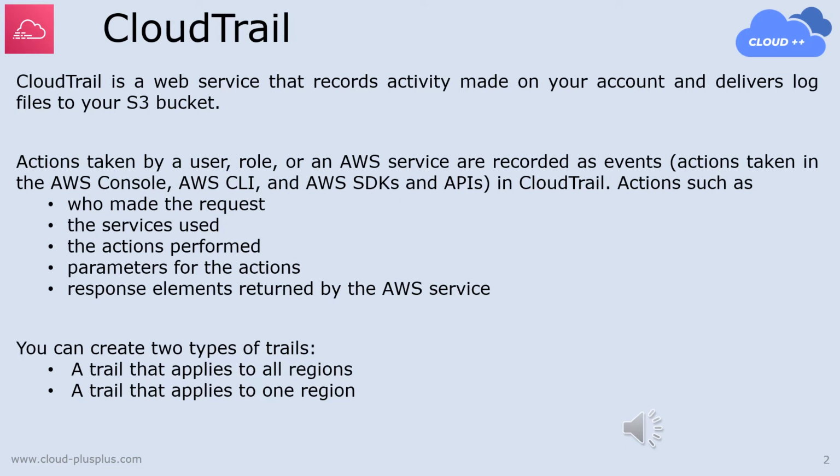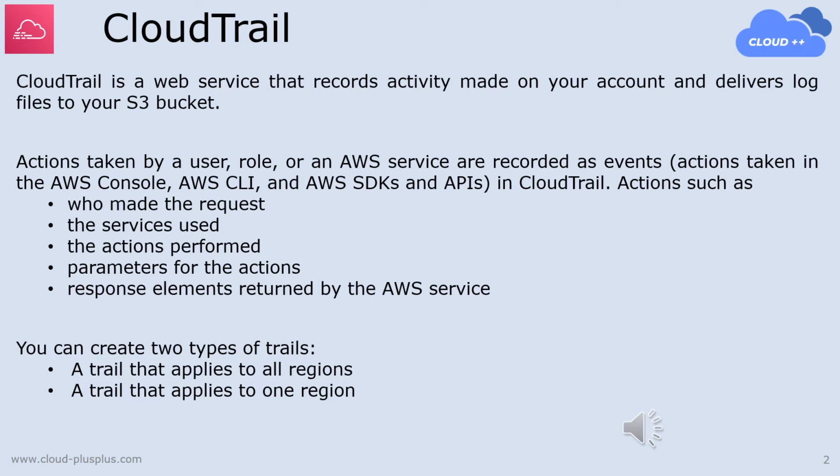You can create two types of trails. 1. A trail that applies to all regions. Applying a trail to all regions will record AWS account activity in all regions. This setting also applies to any new regions that are added. 2. A trail that applies to one region that will record AWS account activity in that region only.